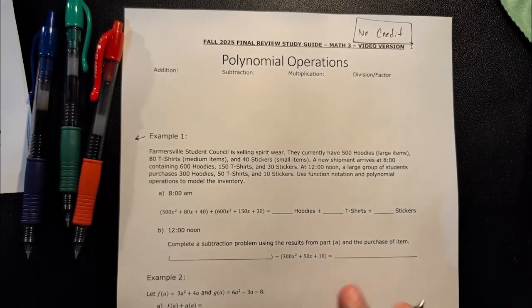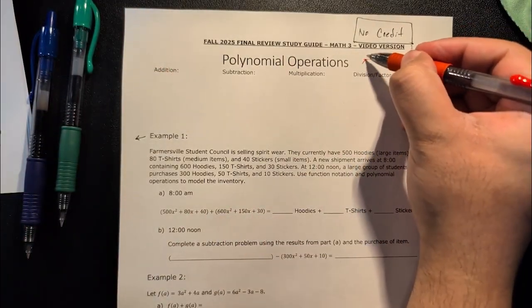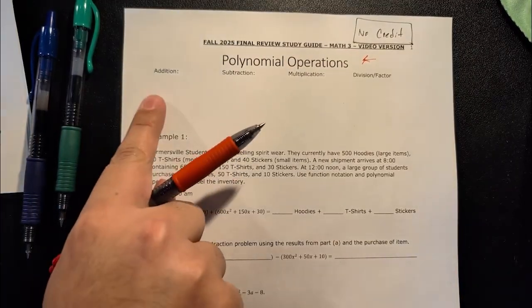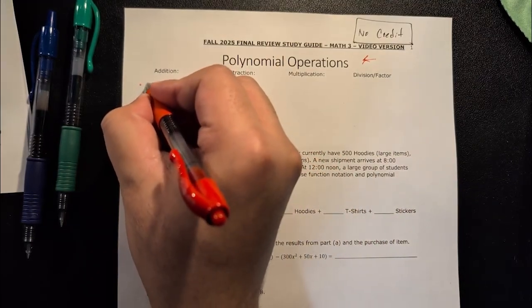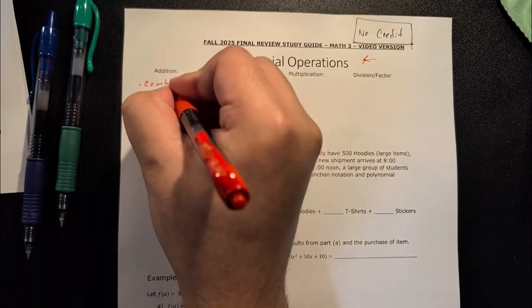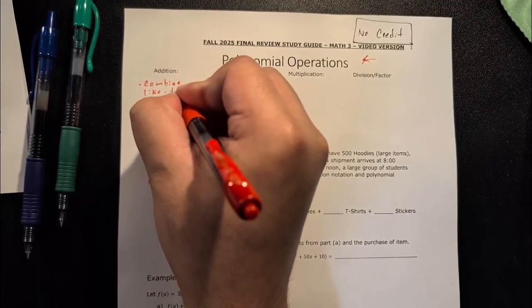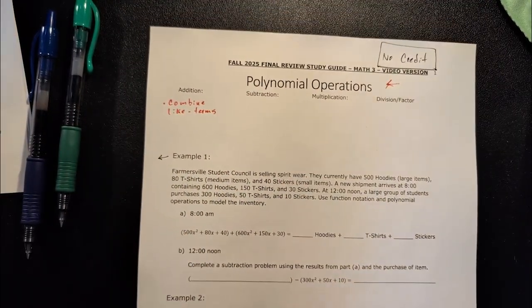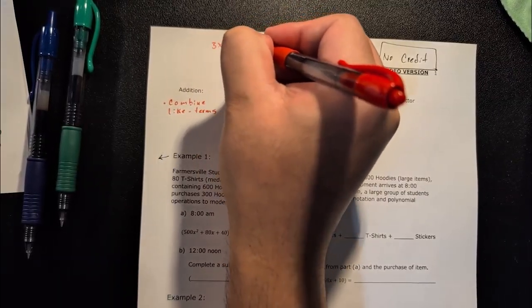Okay, before we start, let's do some notes on polynomial operations. Whenever we want to add polynomials, we combine like terms. We're not going to combine something like this, right?